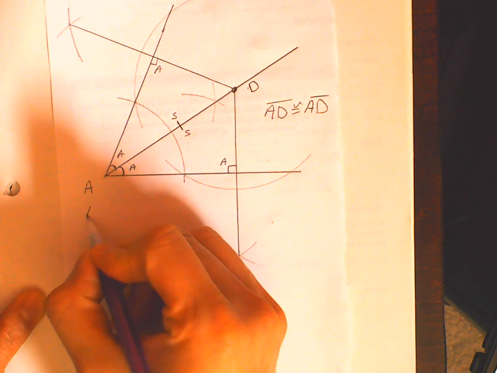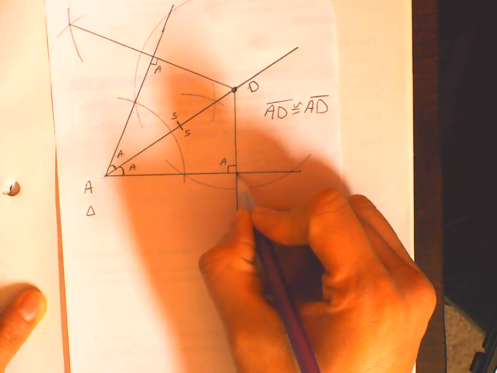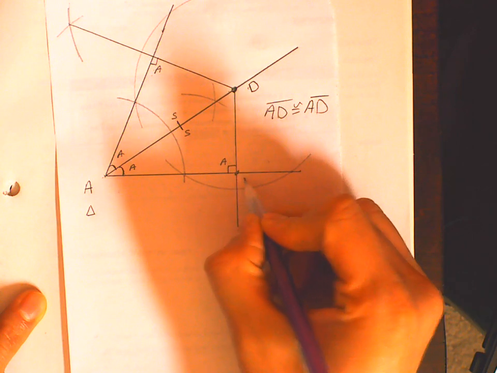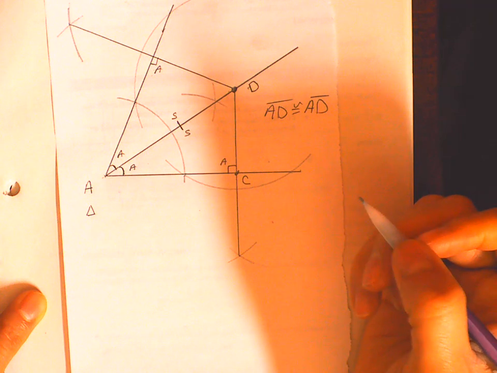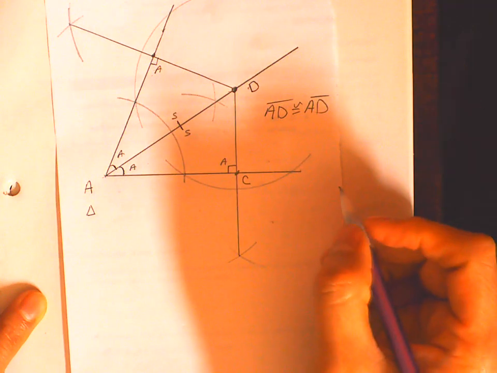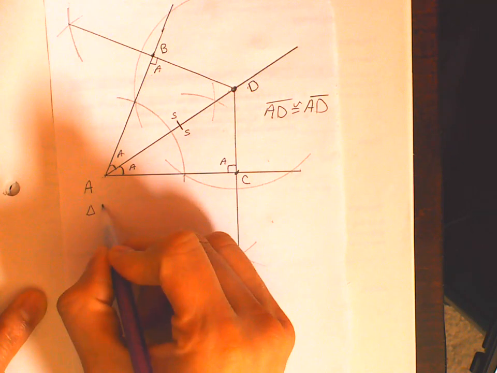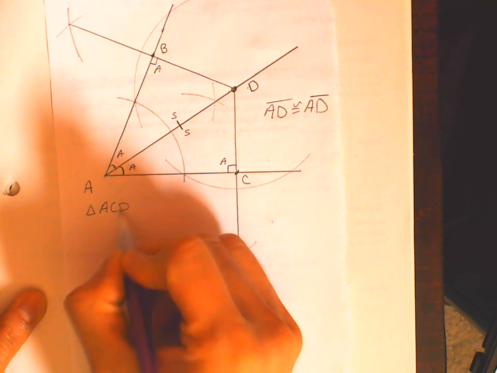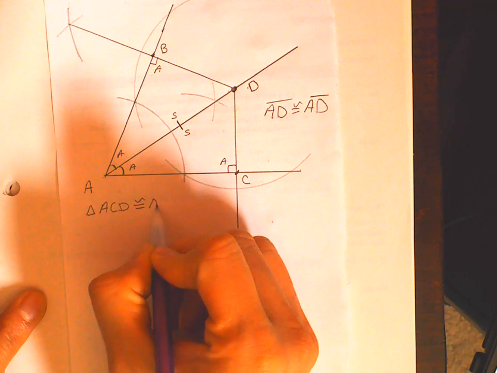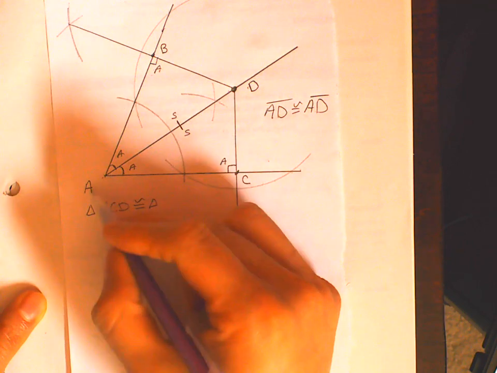I didn't give these a letter, so let me give these a letter. I'm going to call this one vertex C, and I'm going to call this one here B. So you have triangle ACD congruent to triangle ABD.